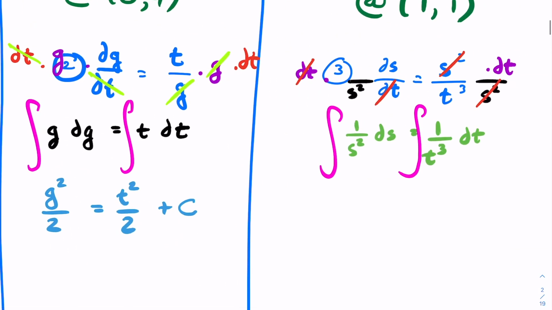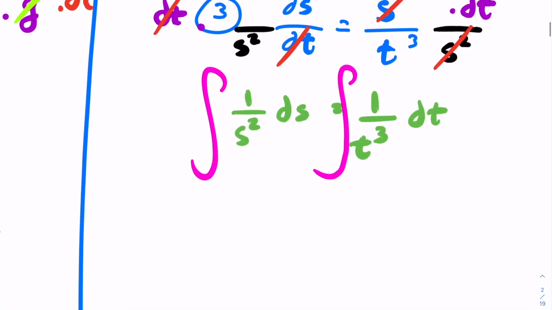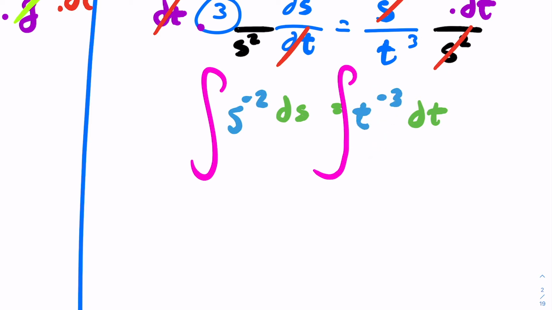Now the last one here, go ahead and try. This one here, 1 over s squared is the same thing as s to the negative 2. Rewriting it is a little bit easier on the eyes. Once you rewrite it with the negative exponent, you'll end up getting s to the negative 1 over negative 1.